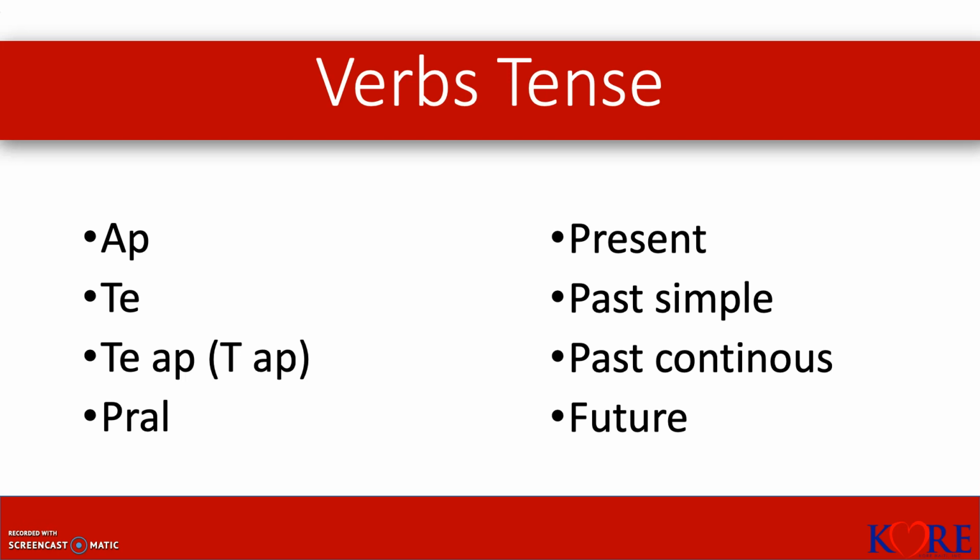Teap, as we say it, or tap is what we most commonly use, is used to indicate past continuous in front of a verb. Pral is used to indicate the future. Okay, as in our previous lessons, I have 3 new verbs for you guys in this lesson.